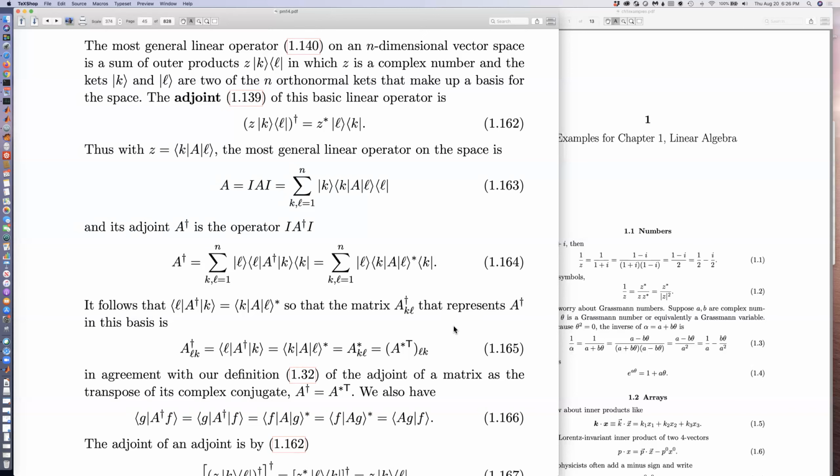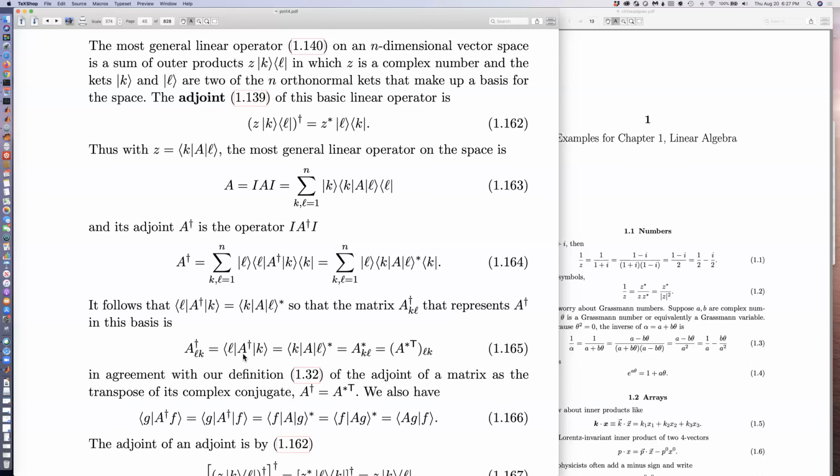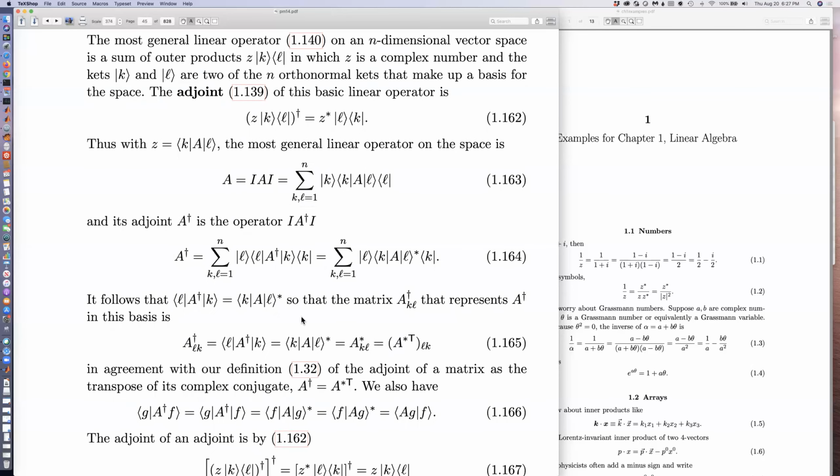And so the matrix A dagger sub KL that represents A dagger in this basis is, by definition, that, and we've just seen that this is that, so we get it equal to this, which we call A star LK, or A transpose complex conjugate.